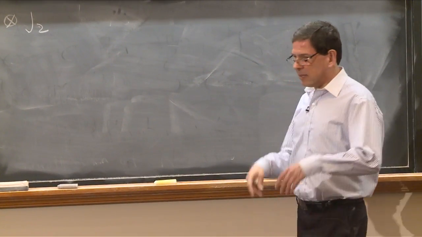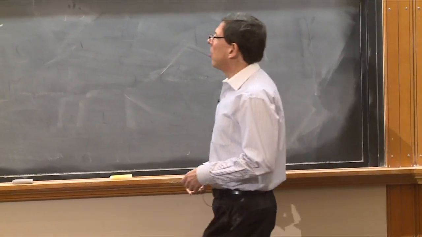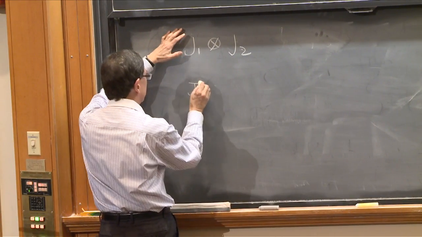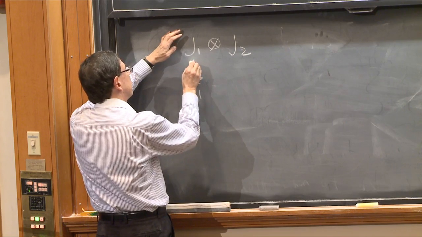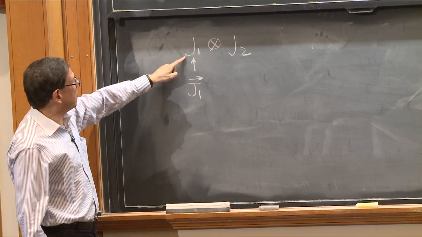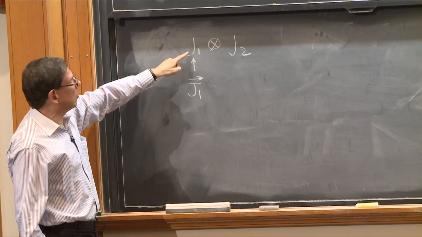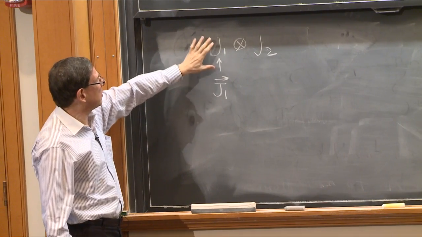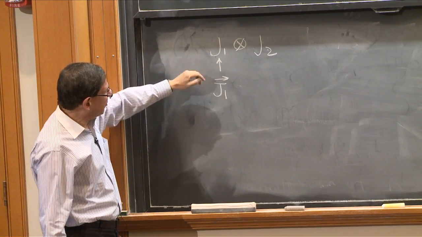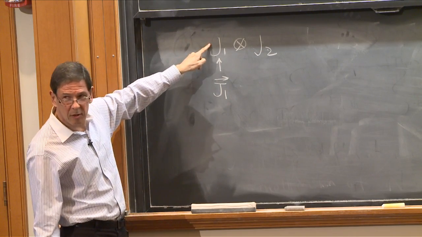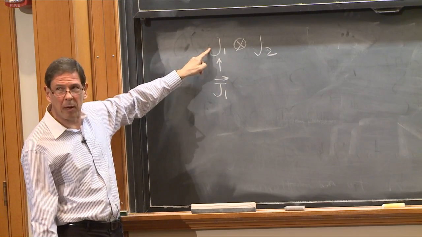You have some states of a first angular momentum J1, so you have a whole multiplet with J1 equal little j1, which means the states in that multiplet have J1 squared giving you h squared little j1 times little j1 plus 1.